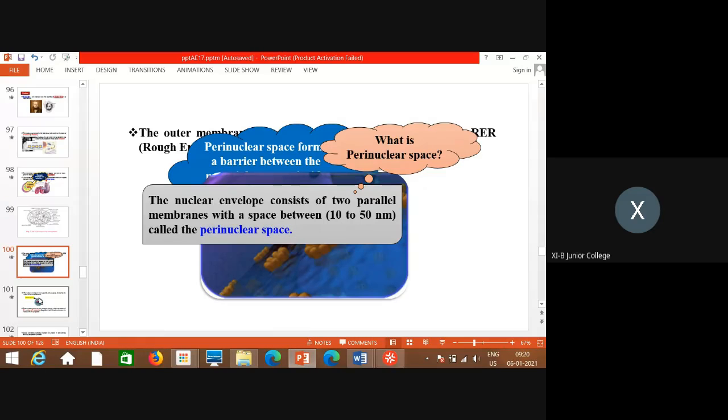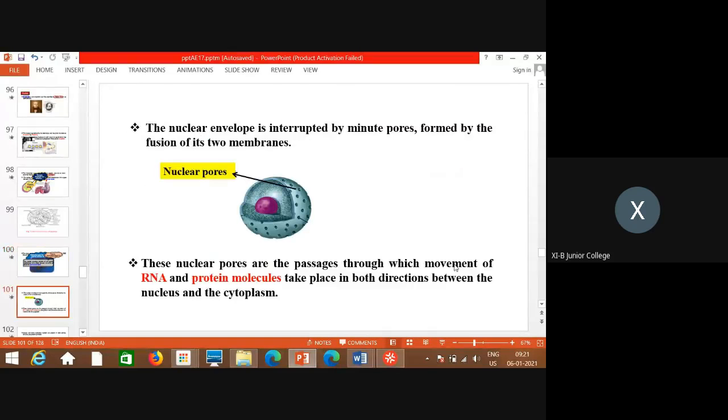As I explained in the previous diagram, it consists of two parallel membranes with a space of generally 10 to 50 nanometers in between, and that is called the perinuclear space. You can see nuclear pores very clearly in this diagram.